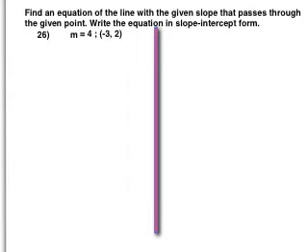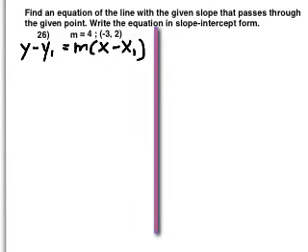The point-slope form is y minus y1 equals m times x minus x1. Of course, the m is our slope, and the y and the x, that's any point on the line. So that's part of finding the formula. The y1 and x1, that's where we put the particular point in.